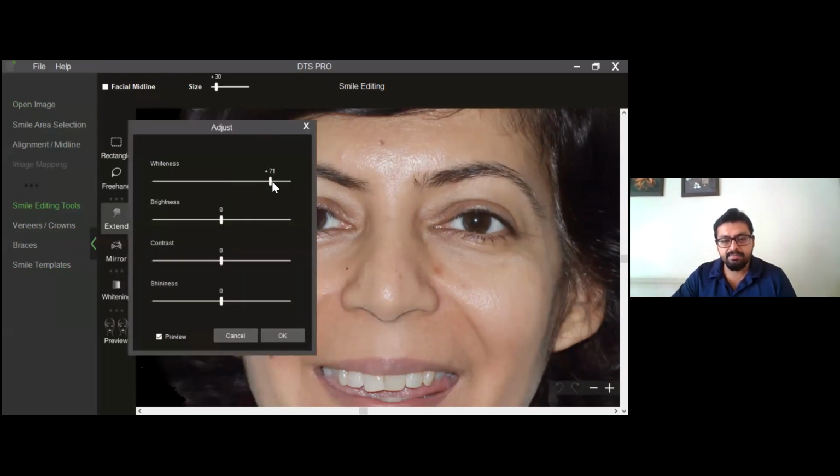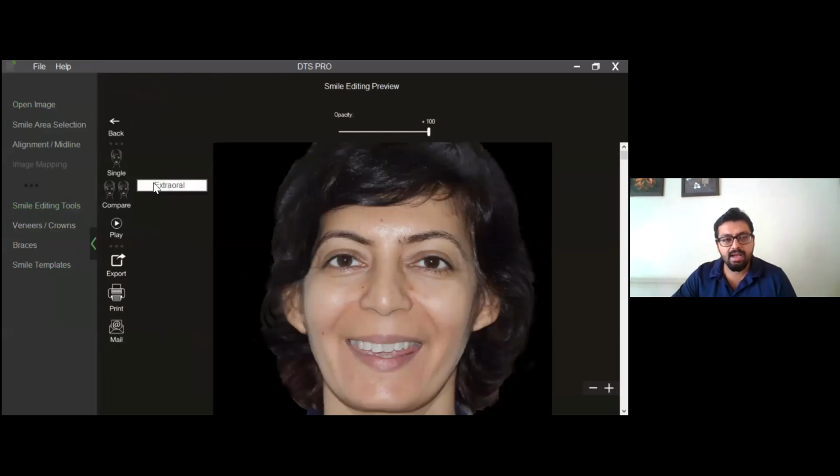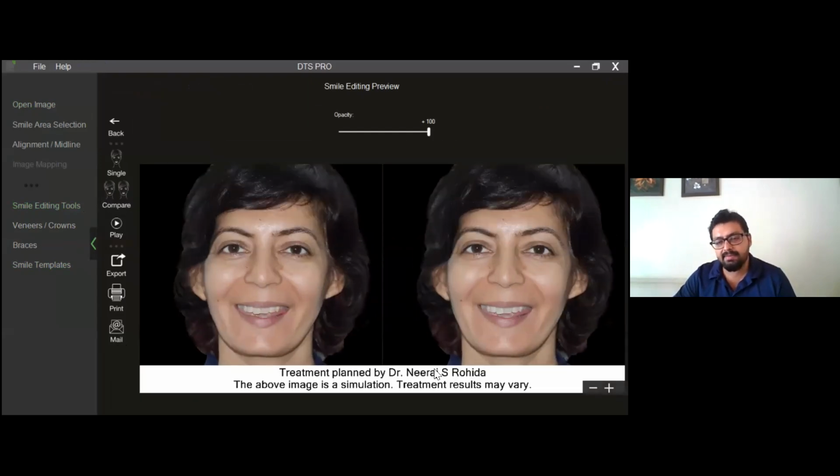For example, I just whiten her teeth and give her a simulation. I always make sure that there is a disclaimer in every picture that says that this is a simulation and the treatment results may vary. So medically, there is always a clause that tells you that this is a simulation and not an actual treatment projection. Point number two, what do we typically use for patient motivations, right?